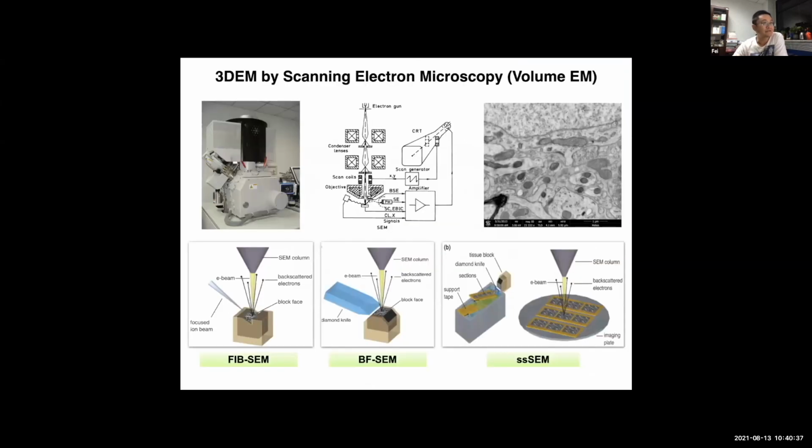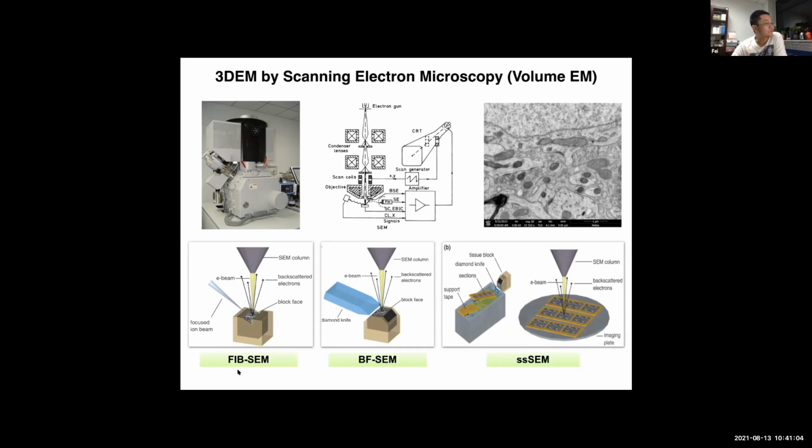And the SEM, as I just showed you, has also nowadays been widely used for biological EM, especially for volume EM. There are three kinds of methods.